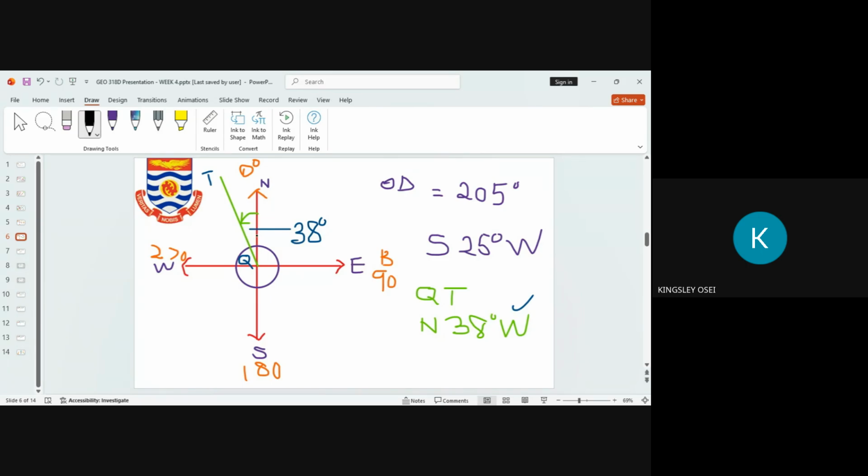I have to go clockwise because I'm doing whole circle. So I go this way, clear that, clear that, clear that, come to the line. This is whole circle bearing. But the rule says that from the north, turn clockwise.